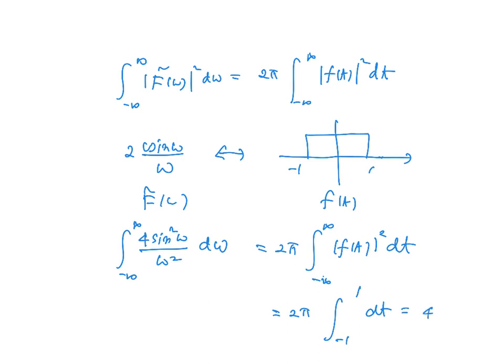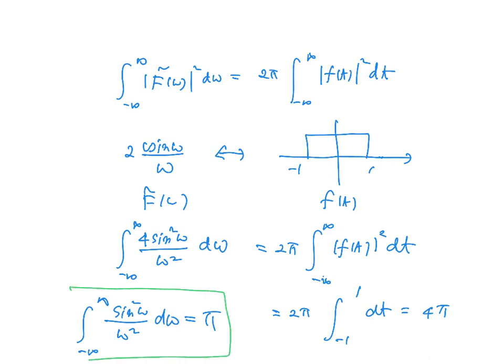So that's 4 pi. So it's pi. So some very difficult integrals can be calculated using Parseval's theorem.